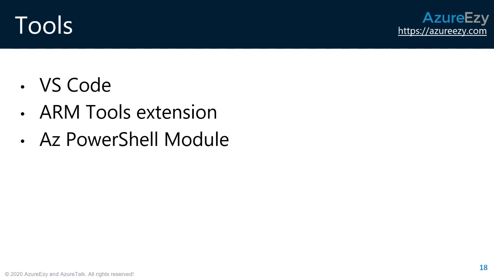Now, when you work with Azure ARM templates, you might need various tools. You must be using VS Code already if you are a developer. VS Code has a very nice extension called ARM Tools, which helps you develop your ARM templates, just like any other extension in Visual Studio Code. It is another extension on the marketplace, released by Microsoft itself.